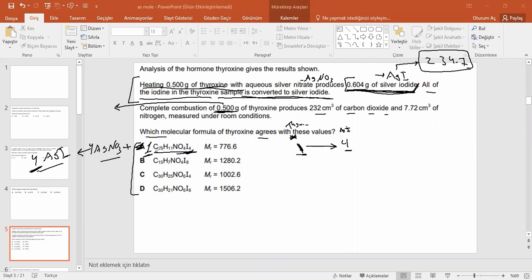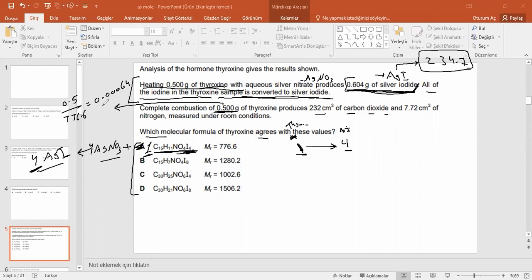If we are talking about this compound, we will divide 0.5 over 776.6, and this will give us 0.00064.